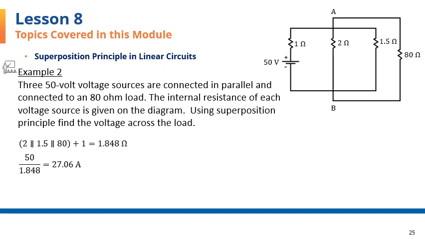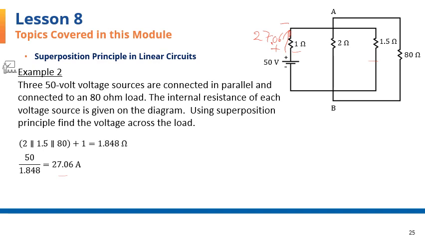50 over 1.848 gives me 27.06 amps going through this resistor here. Now if I multiply this current by the resistance, which is 1 ohm, it will give me the voltage drop across this resistor. Plus or minus is going to be 27.06 volts, because I'm just multiplying it by 1.